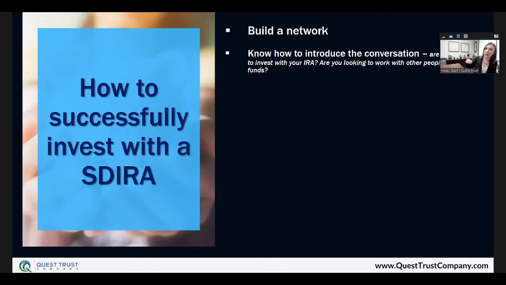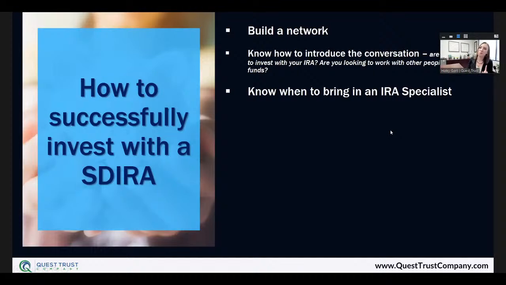And then again, it comes back to building that network, building the rapport, so you can build those relationships with other potential investors. But once you have done that, your job as the real estate investor is to go out, introduce the conversation, build the network, and find the deals. Know when to bring an IRA specialist in on the conversation, whether it's your own IRA or other people's IRAs.